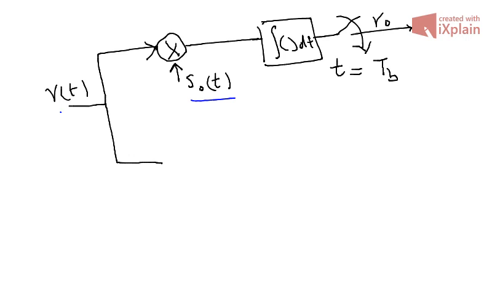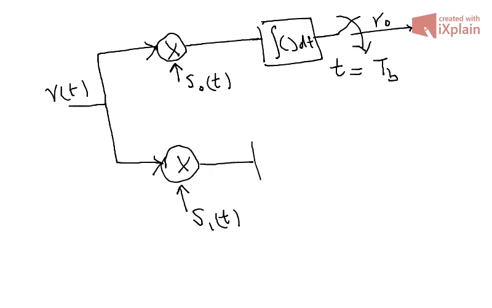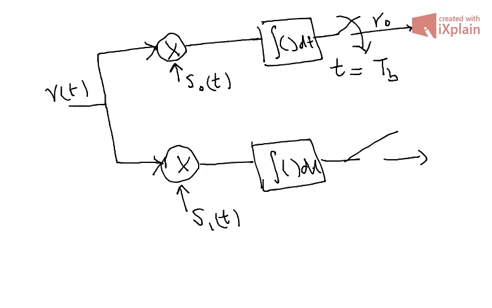Now we need another branch because we have orthogonal signals, so we need the lower branch. In the lower branch, we would multiply S1 of t with the received signal, and we would integrate this product, and we would observe the value of this integrator R1 at t equal to tb, the same instant, right?